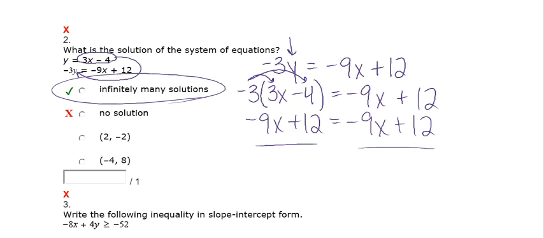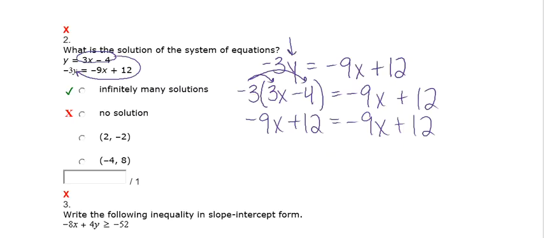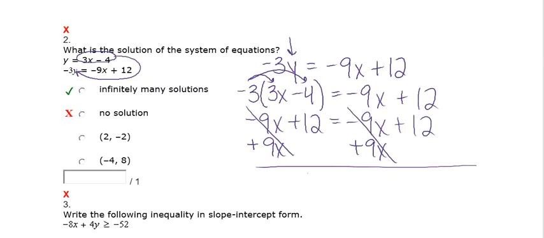If you take that very first equation and divide everything by negative 3, if we get rid of this coefficient in front of the y, you would get y equals 3x minus 4, which is what the first equation is. If I take it even a step further and add 9x to both sides, the variable is actually going to completely eliminate, and I end up with 12 equals 12.